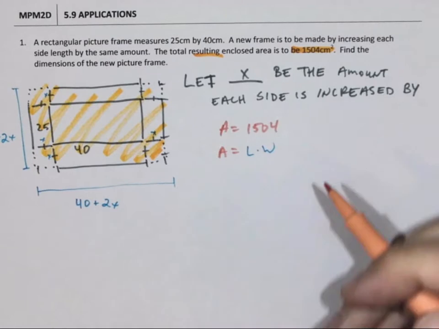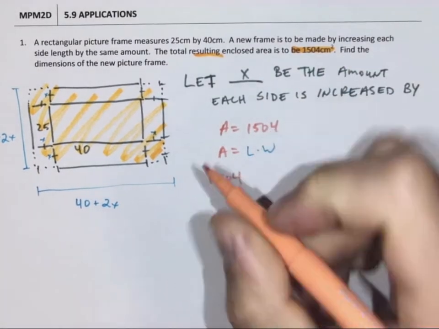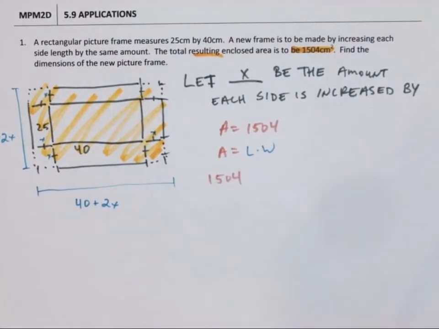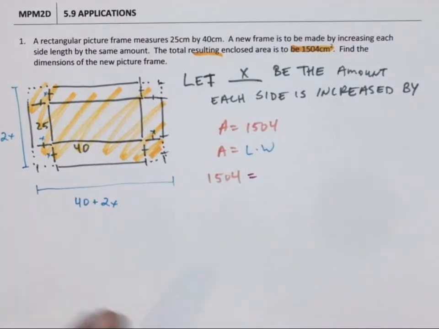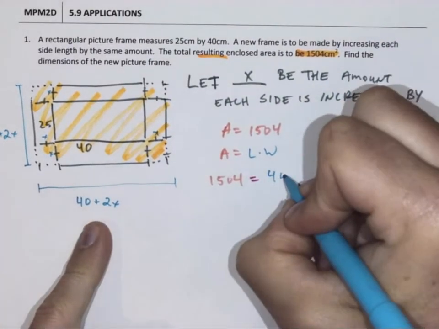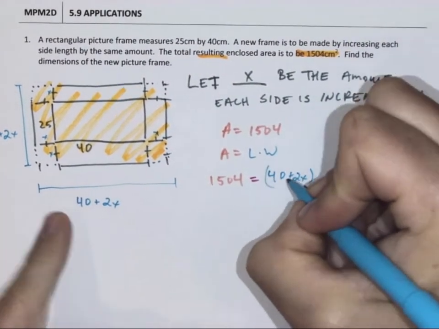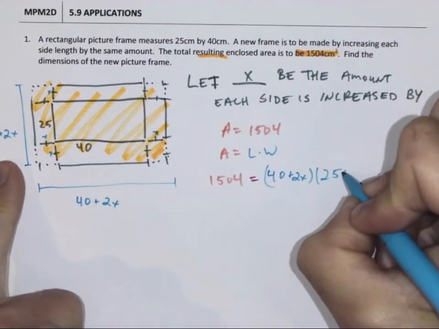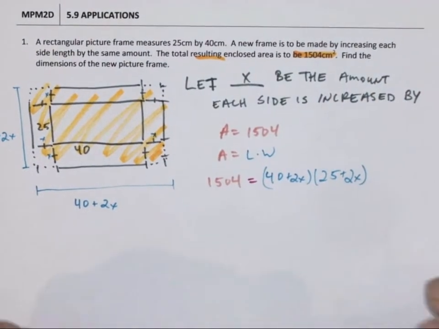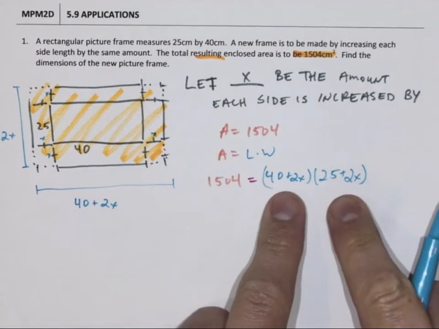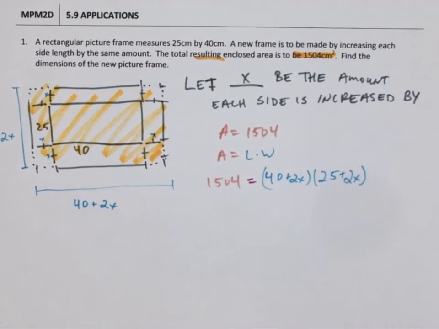So let's sub in what we know. 1504 is going to equal our new length times our new width. Binomial times binomial. FOIL.